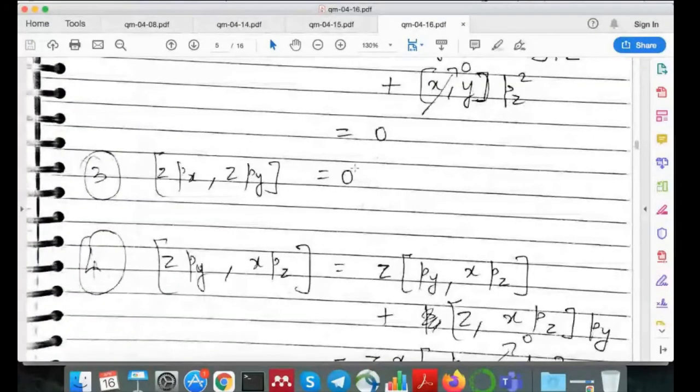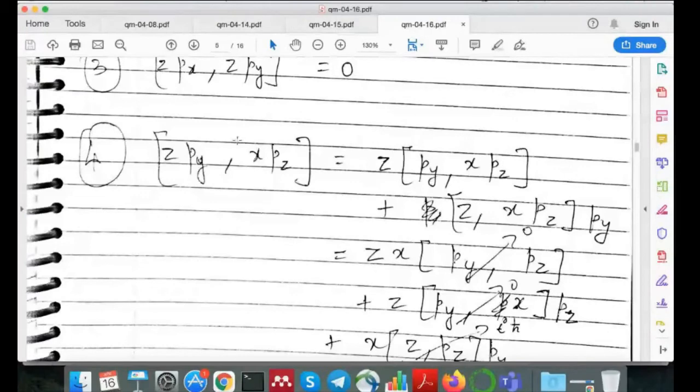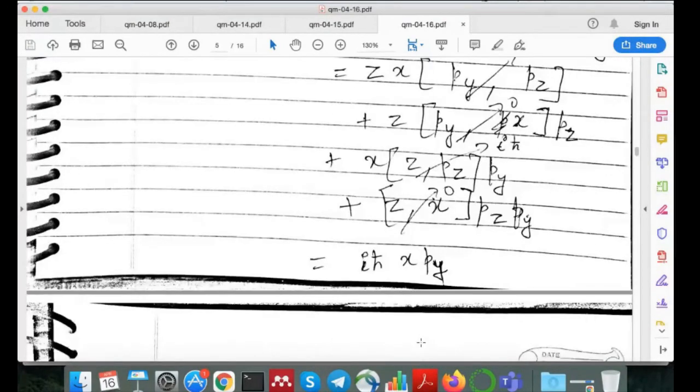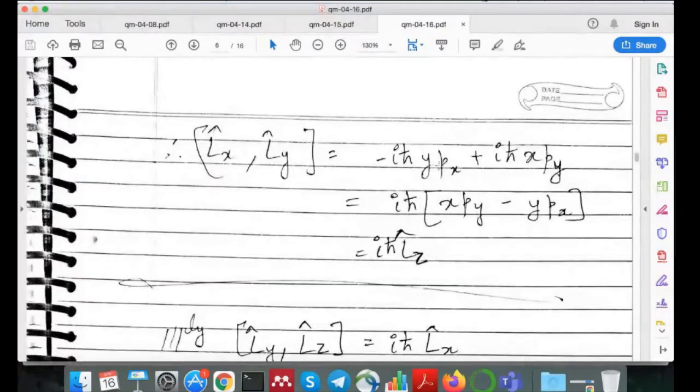So the third one is also 0, and then the fourth commutator relation has one term which is non-zero, which is this term x [z, pz] into py. The z, pz commutator is given by iħ, and then you have x into py, so you have iħ x py. If you combine all of this, finally you're going to get minus iħ y px plus iħ x py.